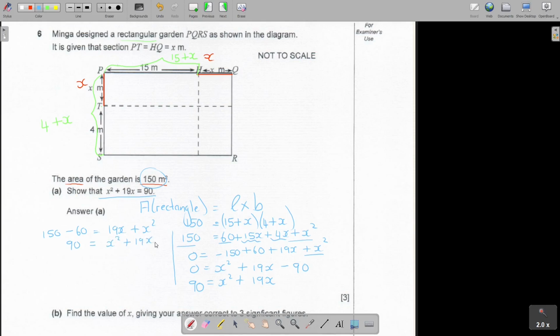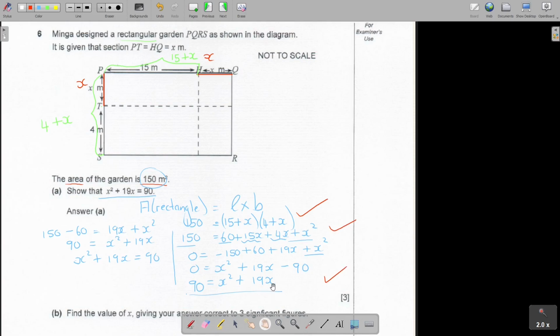And I swapped the sides around, and I got x squared plus 19x equals 90. Okay, so it doesn't matter as long as you establish that. Because what are they going to give you marks for? They're going to give you marks for putting it in there. Okay, that's very important. And then, as soon as you multiply the brackets correctly out, I think, you come to that establishment there.